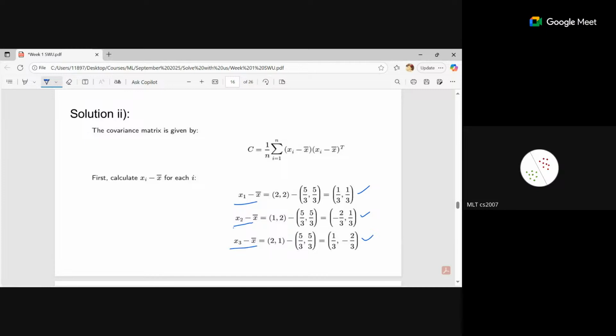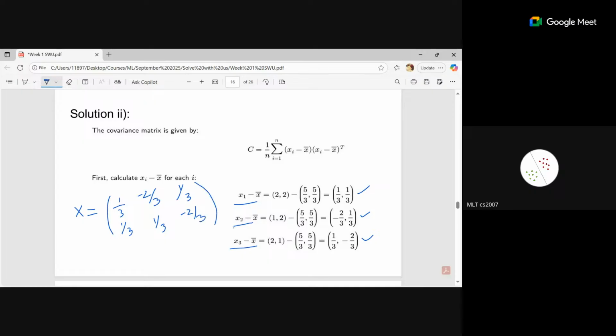So what we got is that the centered data, my x currently, is 1 by 3, 1 by 3. The second component is minus 2 by 3, 1 by 3. The third is 1 by 3, minus 2 by 3.